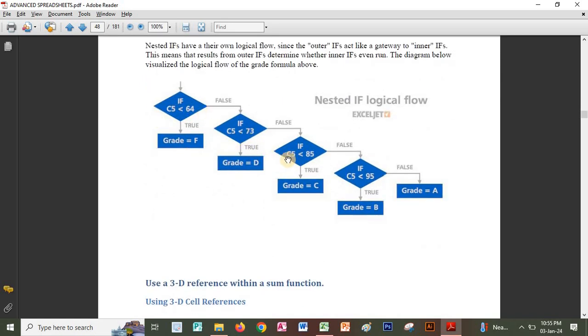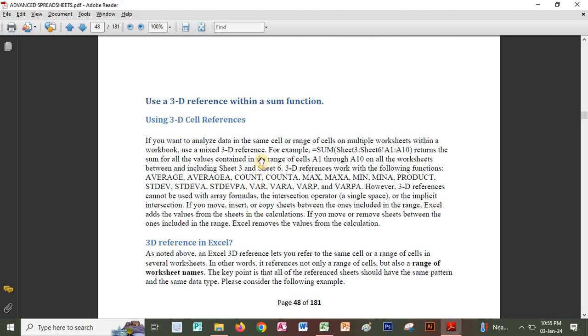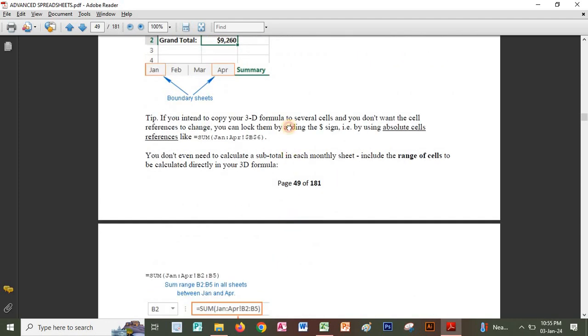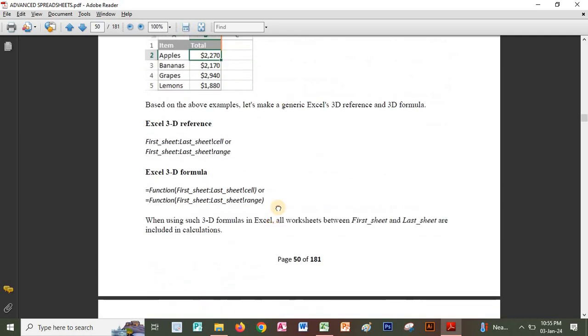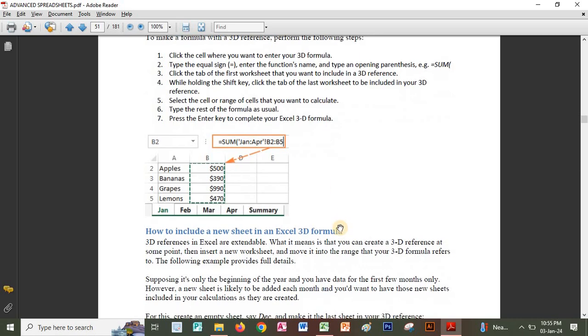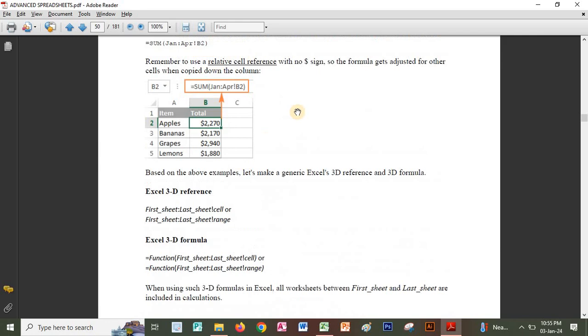So you can see it demonstrated here. If your comparison doesn't fit in the first reference, it goes into the next reference up to the fourth reference as it compares out like that. So 3D reference, I want us to discuss this in our next session.